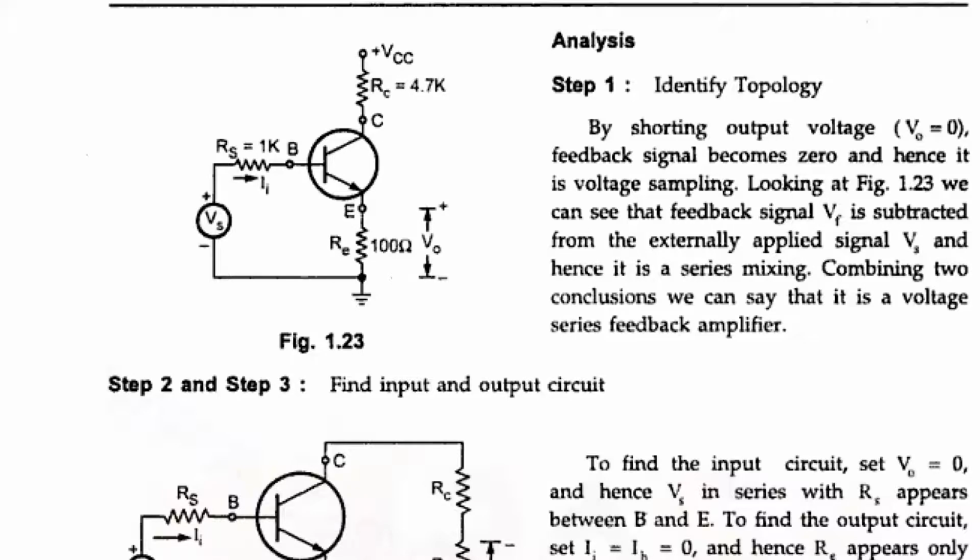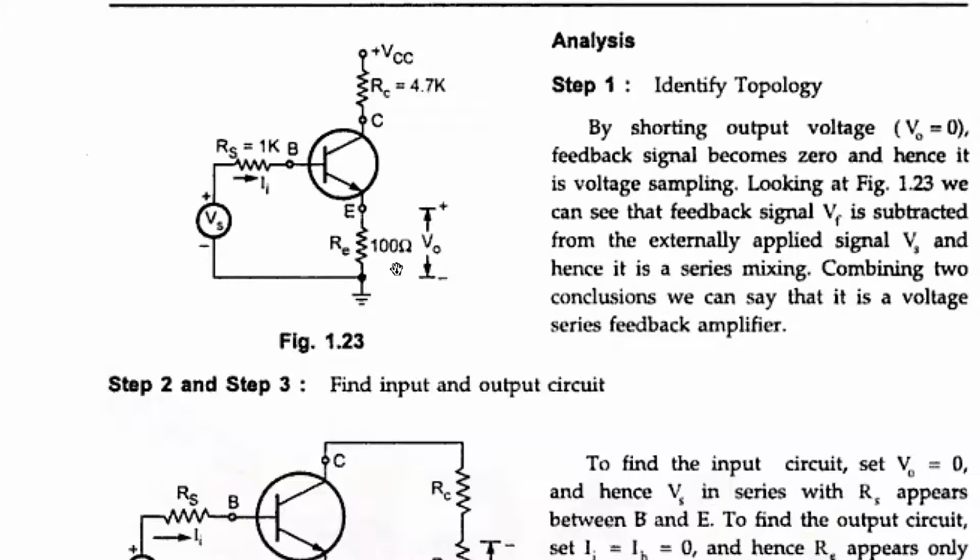In simple words, currents are same means the elements are in series. So if we open this terminal, then RC will be in series with RE, because the current here will now be equal to the current here. Both elements will be in series.